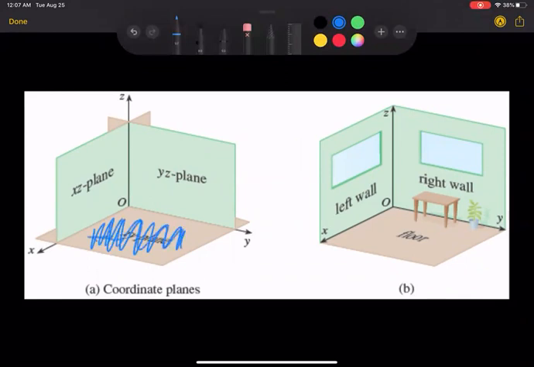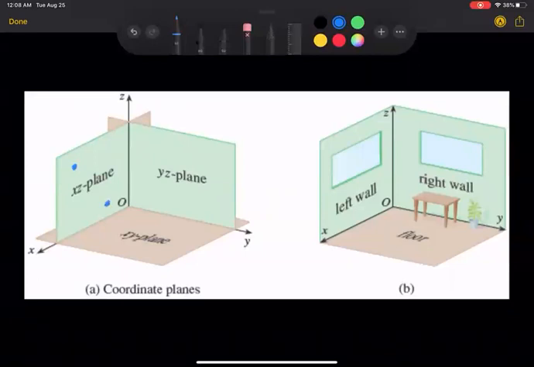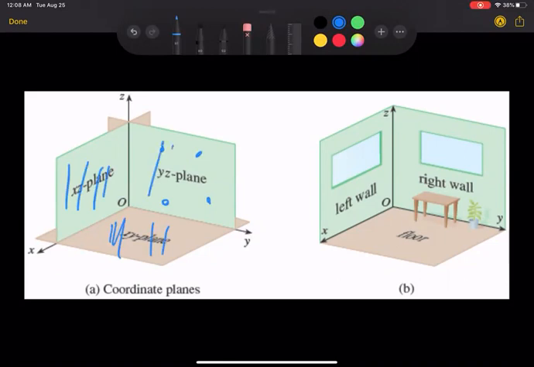What if the Y coordinate is 0, and all my other coordinates can be anything? This point has a Y coordinate of 0, as does this one and this one. The collection of all points where the Y coordinate is 0 gives me this XZ plane. Similarly, if the X coordinate is 0, I end up with points in this plane. These 3 things we call the coordinate planes.